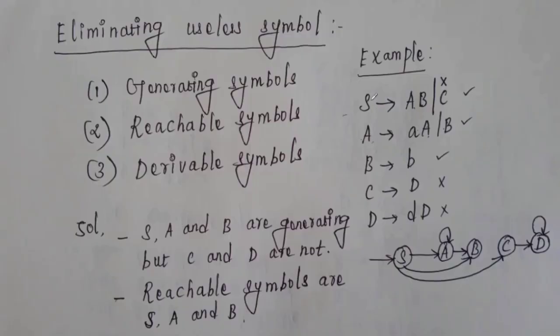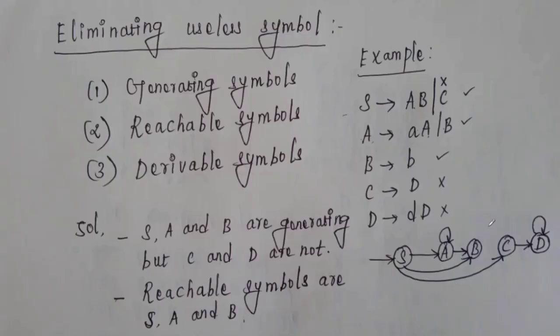In the given production, the symbols on the left hand side are non-terminals and can be considered as states S, A, B, C, D. In the first production, S tends to AB, it means that S transitions to capital A, representing a transition from S to A. Next, S to B, there is a transition from S to B. Then S to C, there is a transition from S to C. Next production, A tends to A or B.